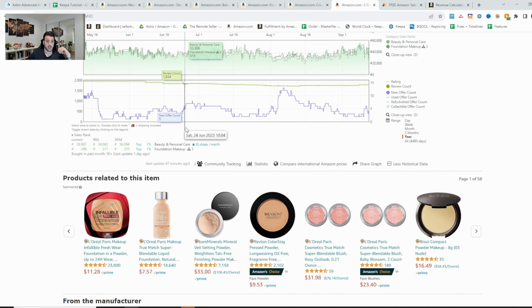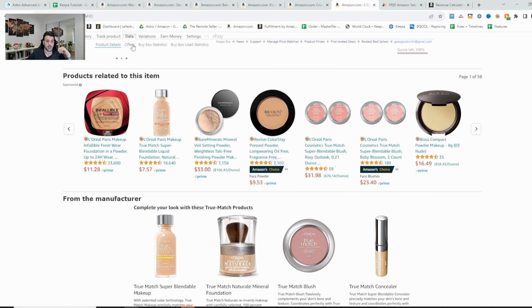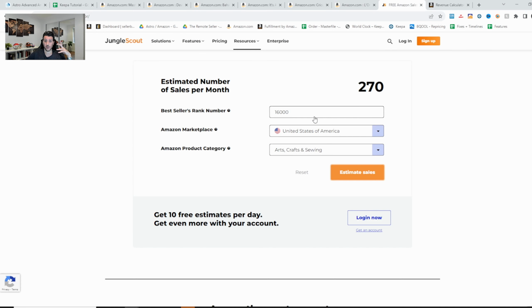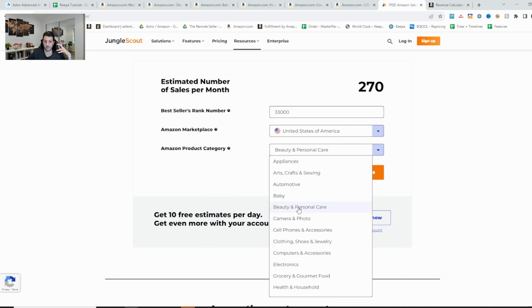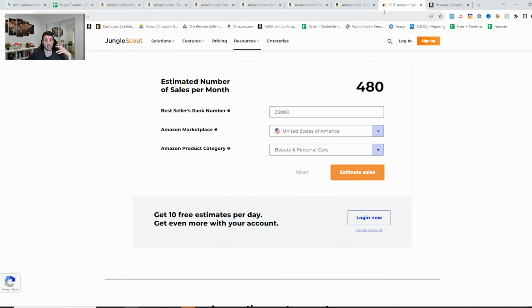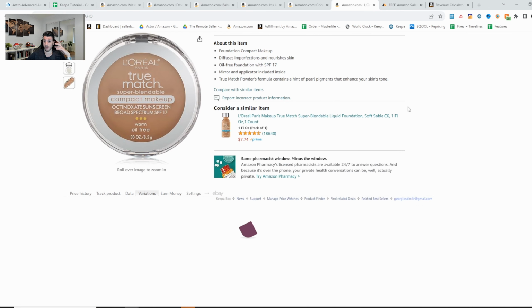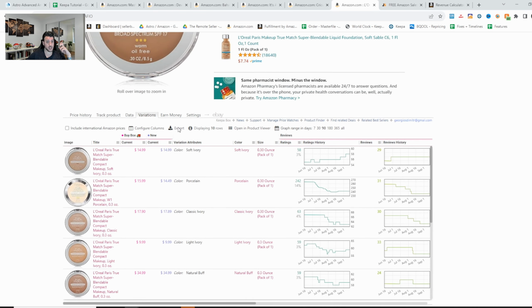Let's check out some of the other data points. Let's go and see how many units Keepa tells us it sells per month. So Keepa thinks that it sells roughly 50 plus. Let's go and check out Jungle Scout. So Jungle Scout, we have 33,000 as an average BSR. I think that'll be an accurate number to use. So 33,000 in periods here. 480 sales, but it is a variation, of course, so we have to work out what percentage of the sales this product gets compared to the other units in the variation set.